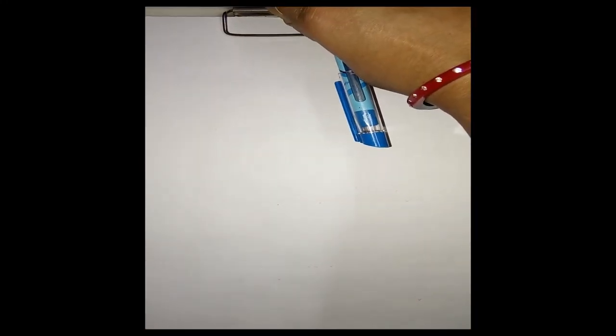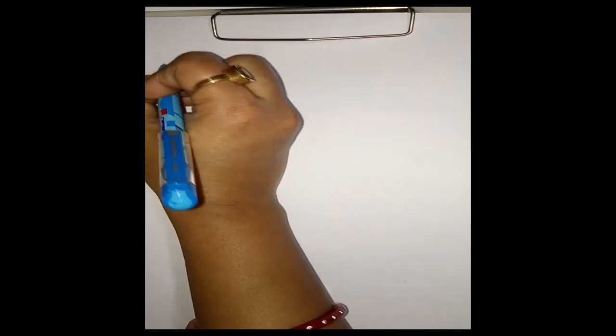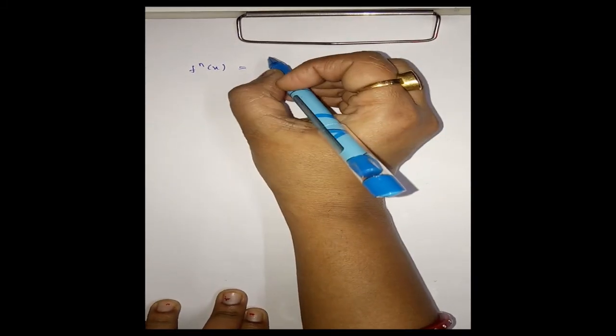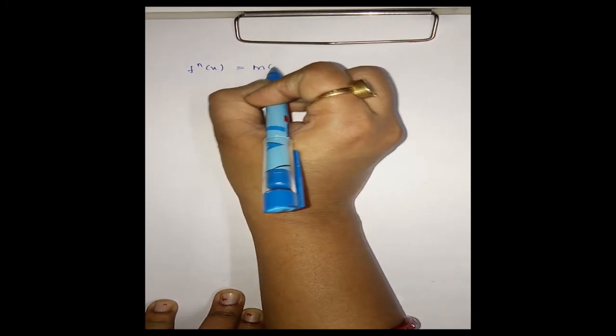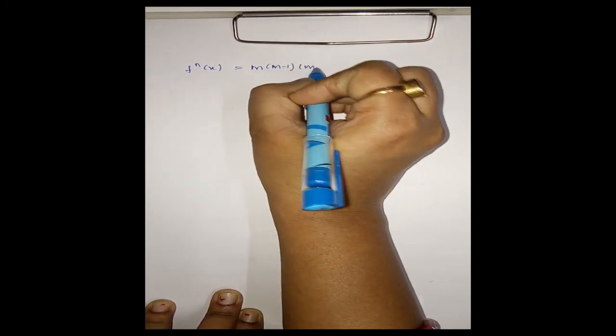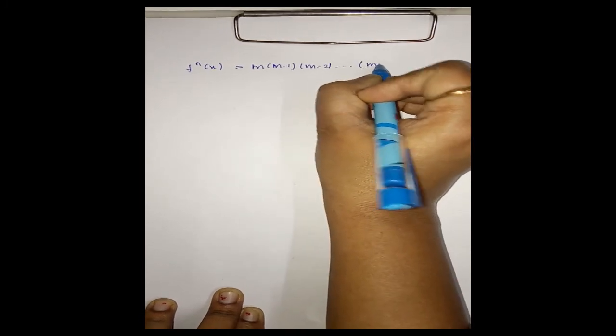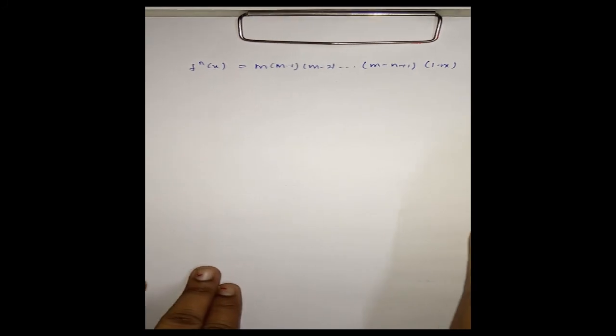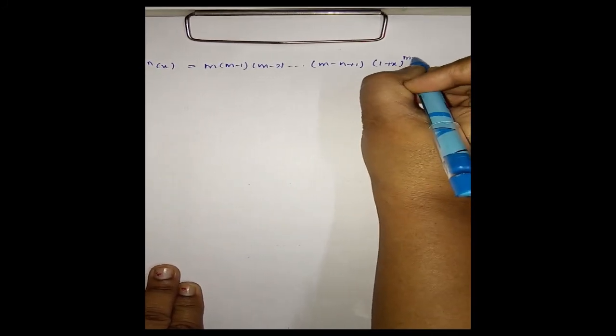f^(n)(x) = m(m − 1)(m − 2)...(m − n + 1)(1 + x)^(m − n).